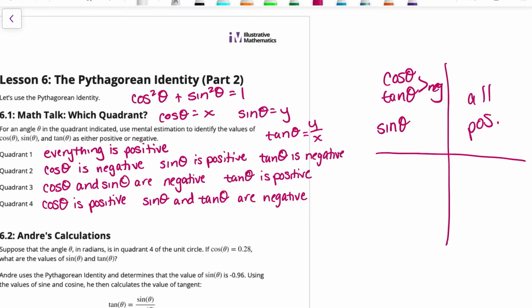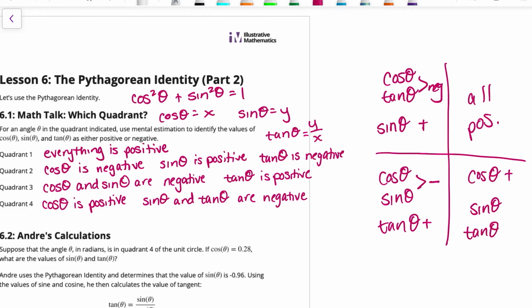Sine is positive. We've got cosine and sine are negative. Tangent is positive. And here, cosine is positive. And then sine and tangent are both negative.